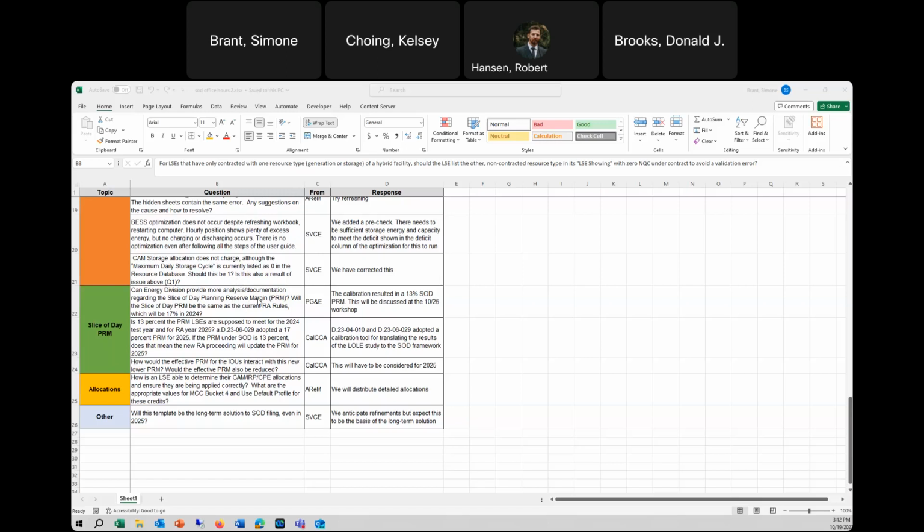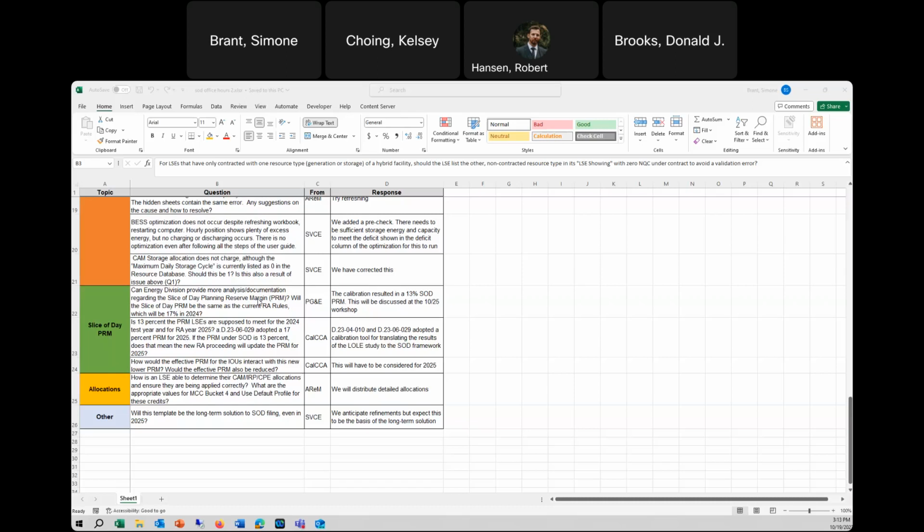At the system level, it gets a little more complicated because we had to separate all the CAM and MCAM storage, as well as any allocations for use limited peakers. That only affects the Southern California Edison TAC area, but those are separated, whereas previously in the regular compliance framework, they were all grouped together. So that's one thing to consider.